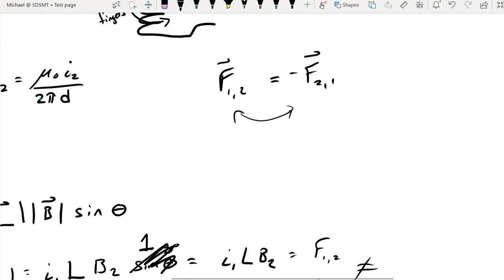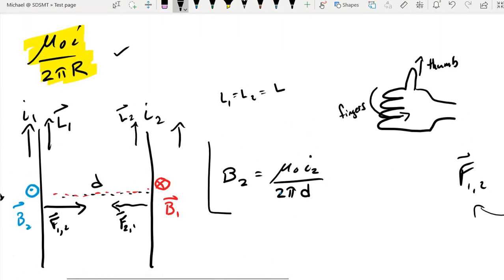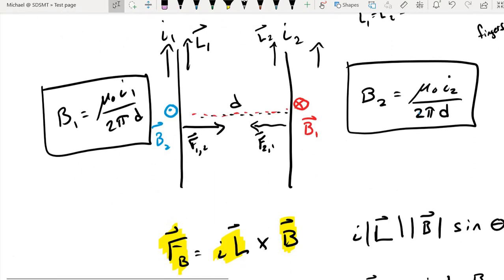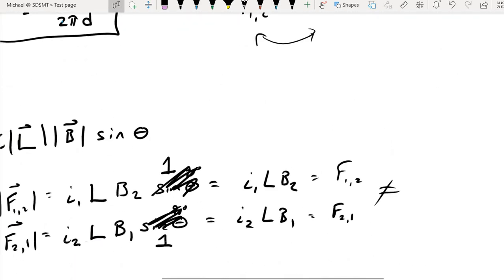We know that field 2 has an expression describing it, mu naught I2 over 2 pi d, just like field 1 has an expression describing it. We're going to take the magnitudes of these fields and we will plug them into the equations that we got down here and see if that makes any difference.